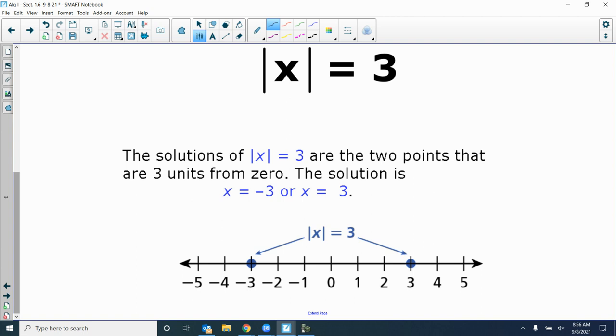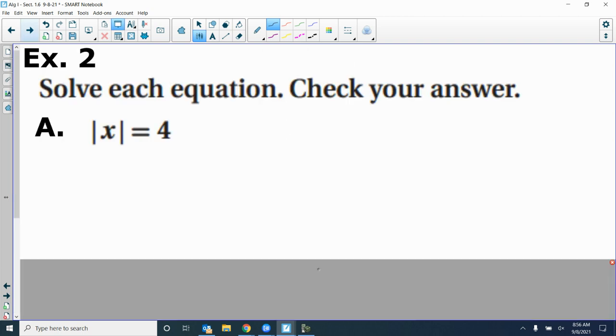Now take a look at that second example, the absolute value of x equals 4. What are my answers going to be? What will make that true? All right. Let's see if we're making any sense here. Gavin, what do you think? There's really no work to do.